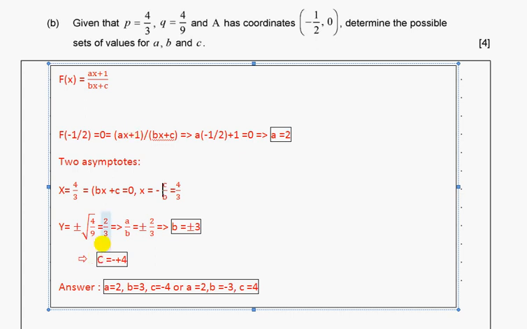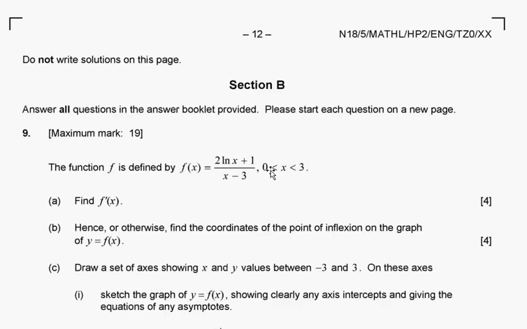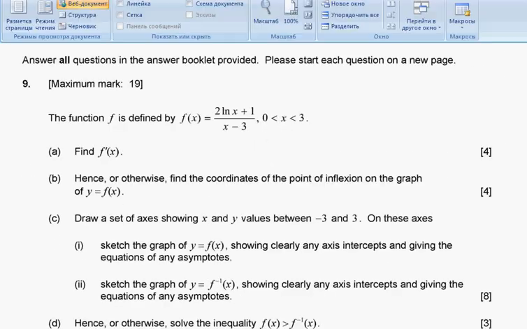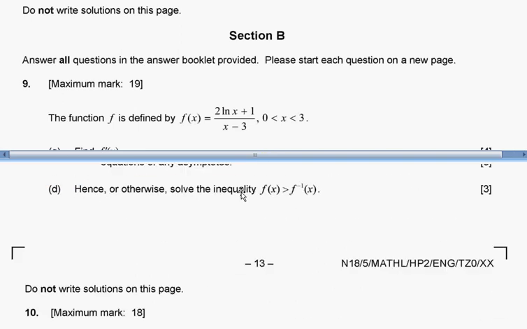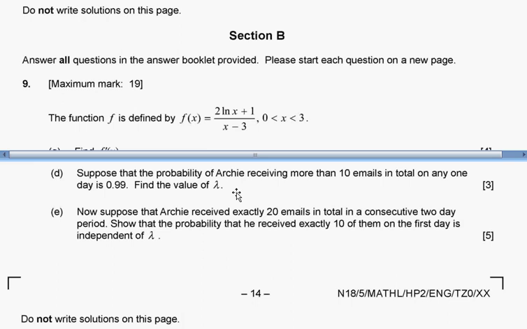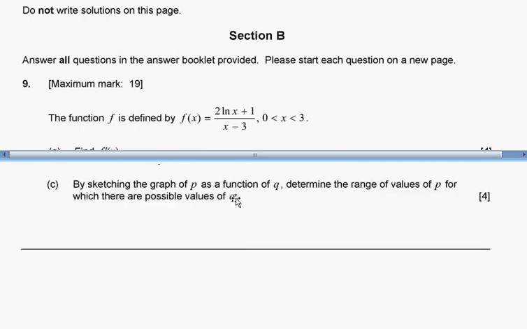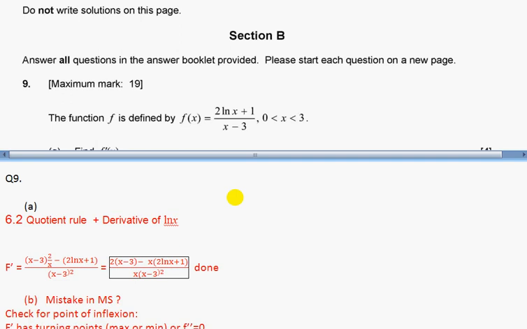Section B. For section B we need to split our screen because the solution will be given separately. Let's find the solution. Here we are, question 9. The function f(x) is defined by this value.